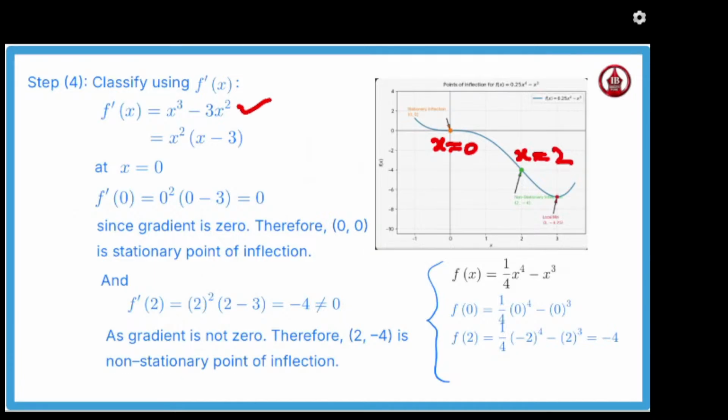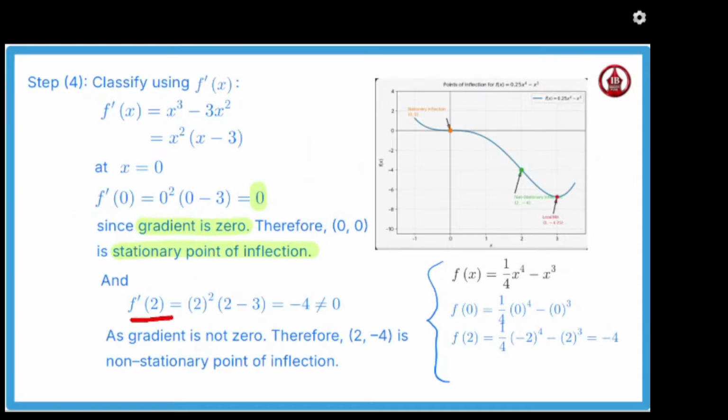See, now here I am using first derivative. So 0 here, 0 here, okay, will give me 0 into anything is 0. So I am getting 0 here. The first derivative is 0. Therefore, the gradient is 0. And when gradient is 0, this point is stationary point of inflection. When gradient is 0, it is a stationary point of inflection.